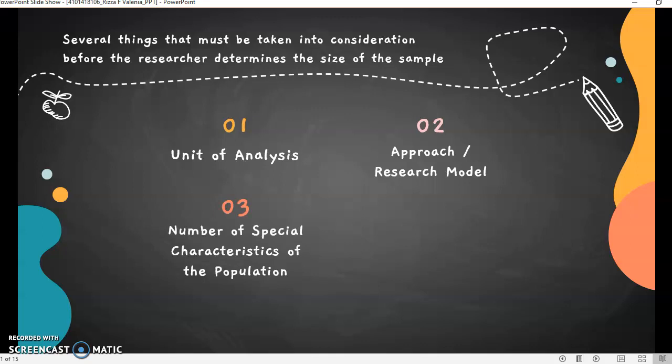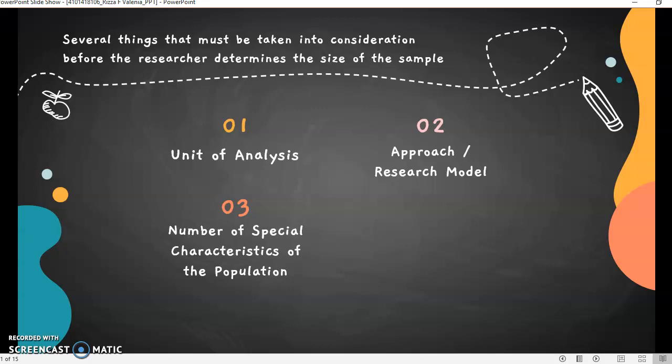And then number of special characteristics of the population. The more characteristics there are in the population, the more subjects are needed as the research sample. This is because the more specific the characteristics of population, the more heterogeneous the population.